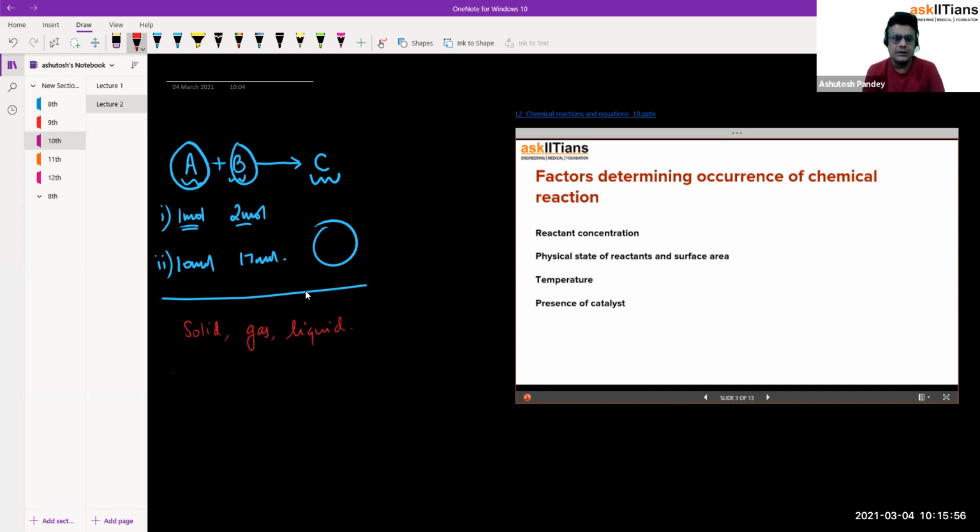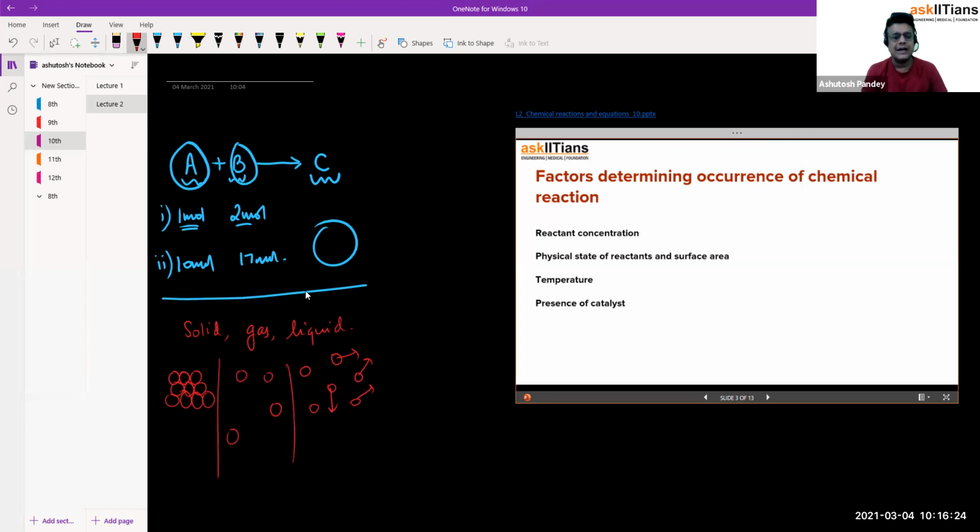In solid the molecules are well arranged, in a very nice manner. Then in liquid they will have some random mobility, while in gas the kinetic energy is very high.